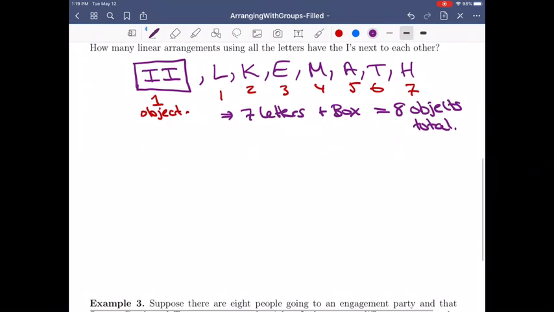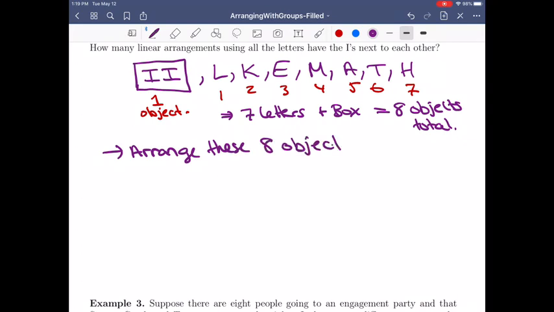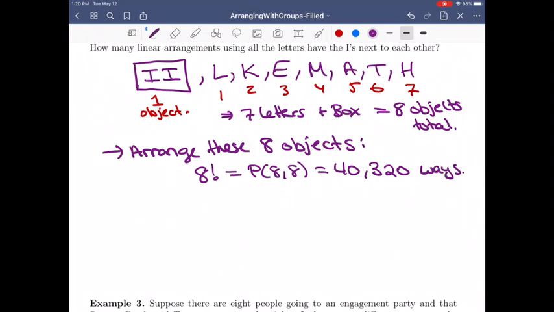So the first thing we want to do is arrange these objects. So because we want to arrange all of them, there's going to be 8 factorial, or 8 permute 8 ways to do this, and that is 40,320 ways to arrange those objects.